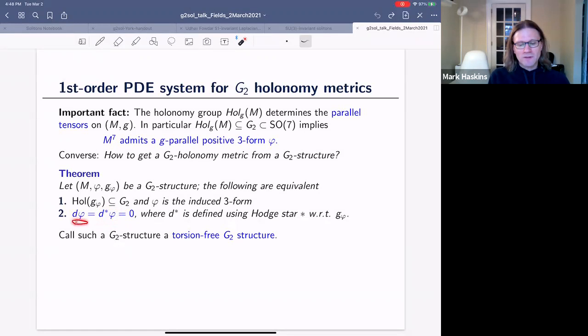This equation genuinely is linear in phi, but this one is not. In any case, we call something that satisfies this condition a torsion-free G2 structure. You can talk about the torsion of a G-structure, and this is equivalent to that intrinsic torsion vanishing.